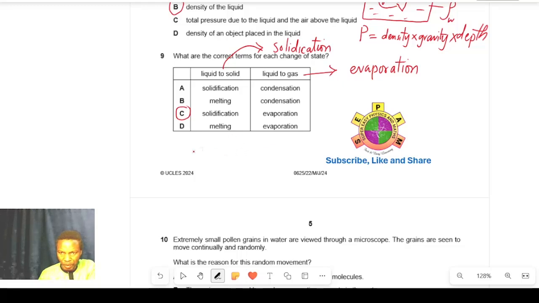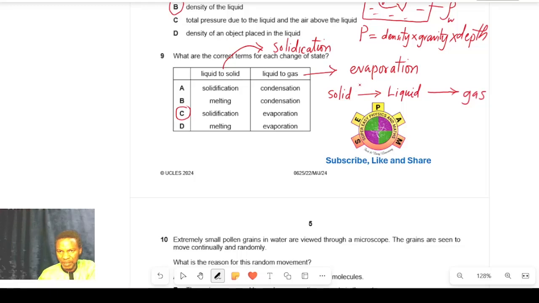Okay, so if we want to explain this further, you have solid, then you have liquid, and then you have gas.